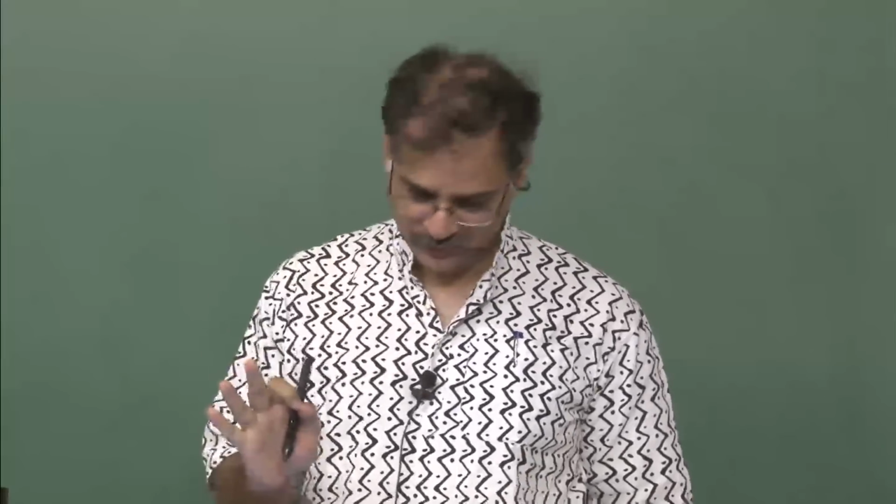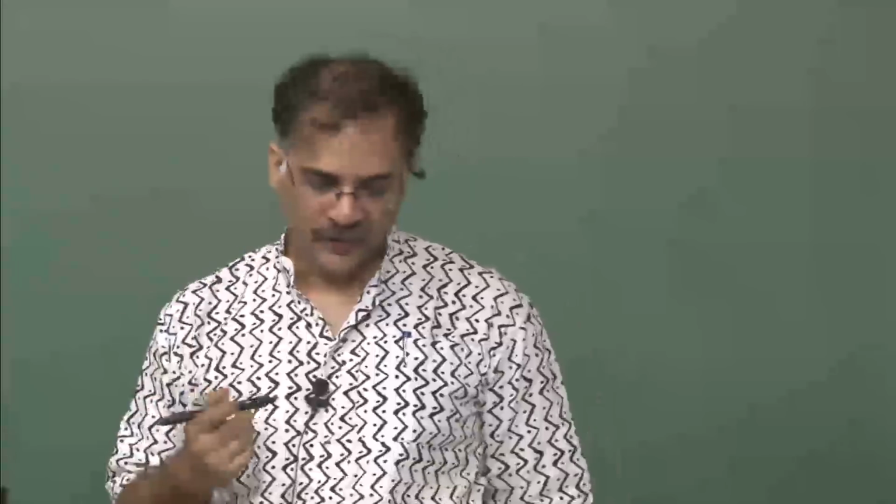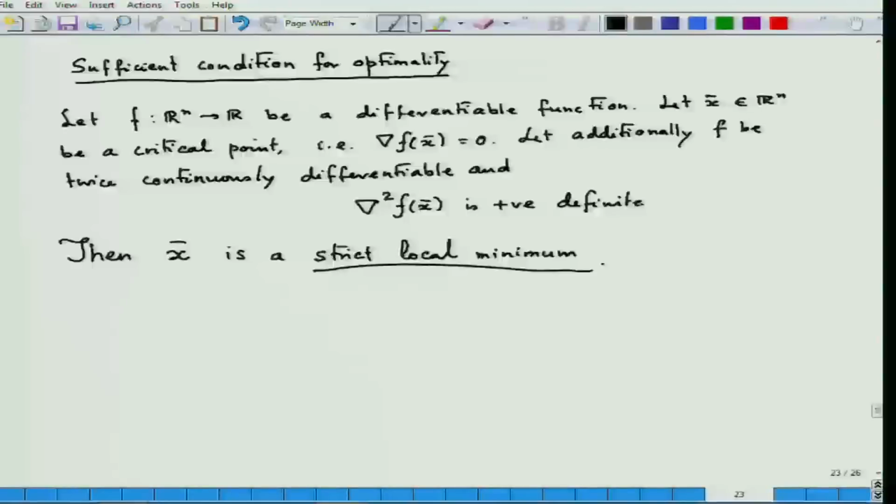So, we are really getting a local minimum and not being fooled by flat types of functions where a local minimum can also be a global maximum. Those sorts of anomalies will not come up. So, this is a very important result, and it has to be really appreciated.